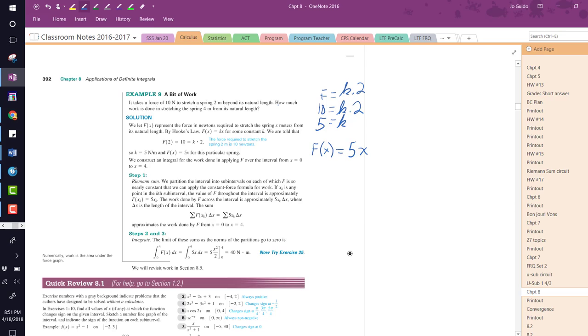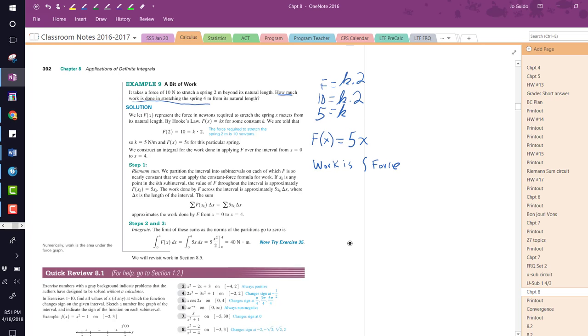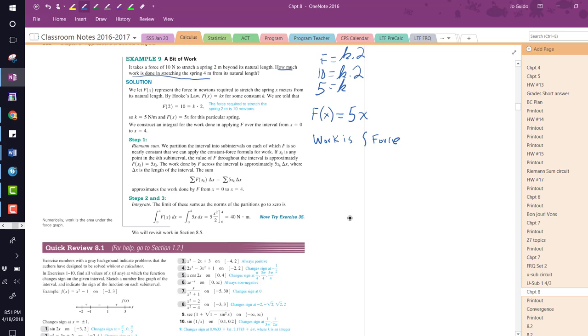So the question says how much work is done in stretching the spring 4 meters from its natural length. And the important part of this, the thing that you need to know, is that work is the integral of force. So if you look at the setup down here, that's exactly what they did.